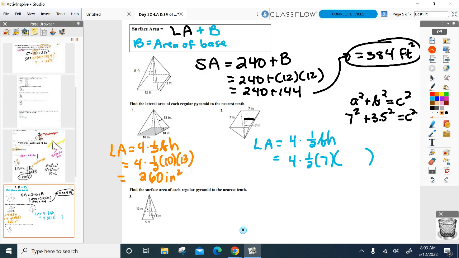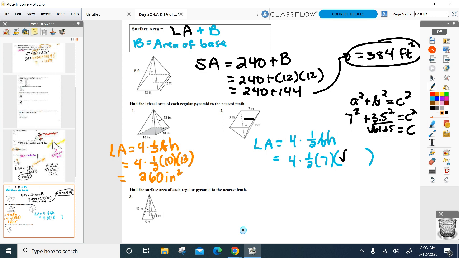And I know this is going to become a decimal that we're not going to round because we're not done with the problem yet. And you're taking the square root of 61.25, right?